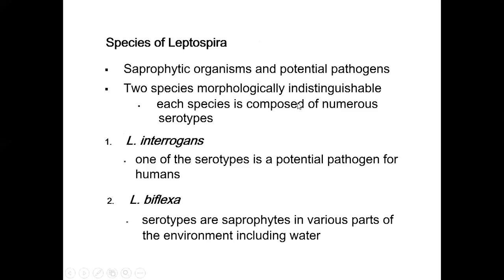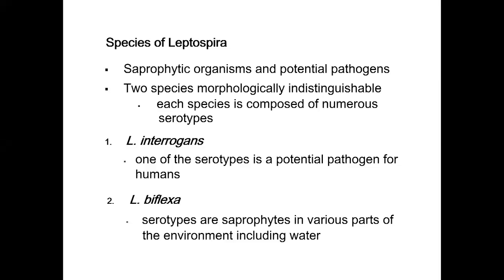So the species of Leptospira, there again, it's a genus that has a mixture of organisms. Basically they have a saprophytic existence, but there are also some of them which might be saprophytic at some stage, but are potential pathogens. So when it comes to species, there are only two species in the whole genus, and they are morphologically similar.